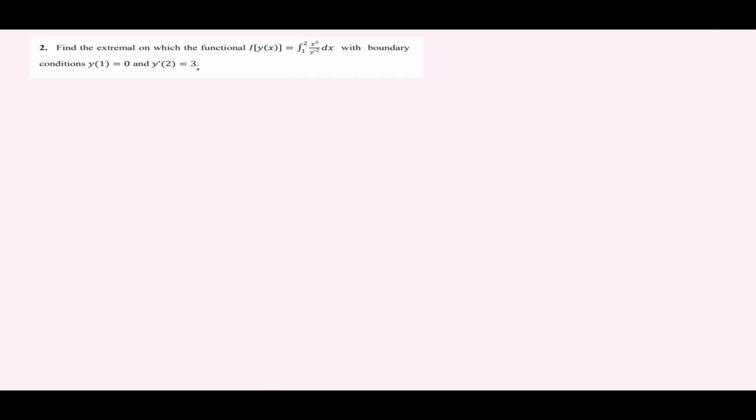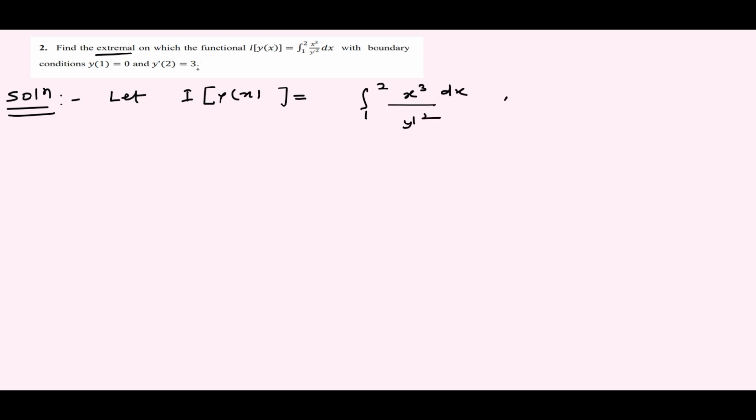So now in problem 2 we need to find the extremal of the given functional. First of all, let us consider the given functional I of y of x is equal to the integration from 1 to 2 of x to the power of 3 dx upon y' square, with boundary conditions given as y of 1 is equal to 0 and y' of 2 is equal to 3.